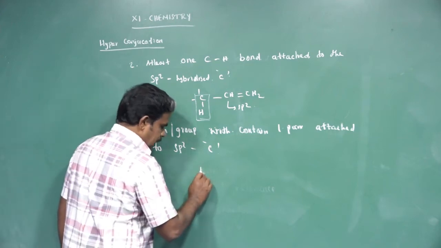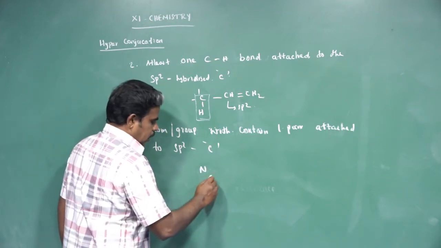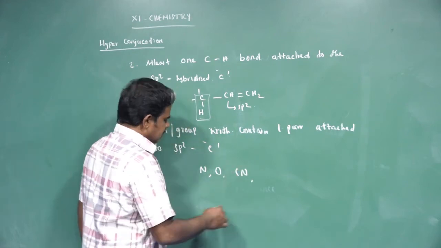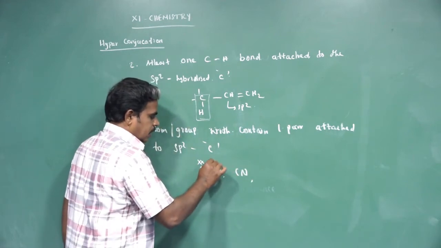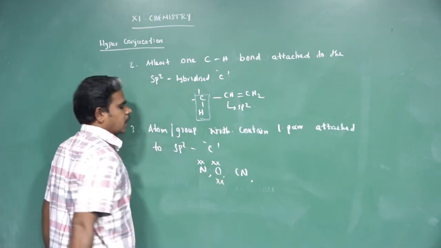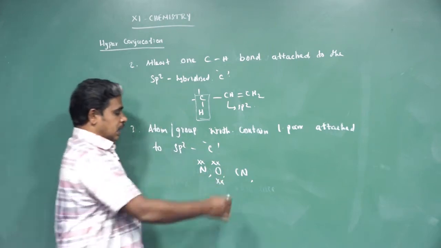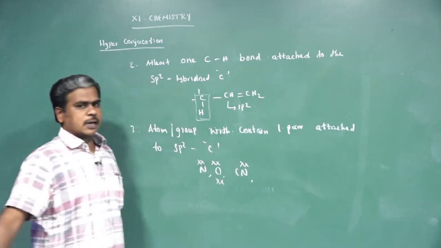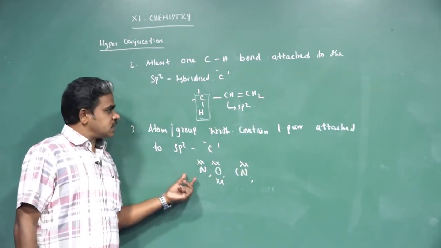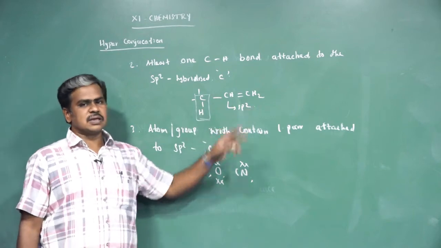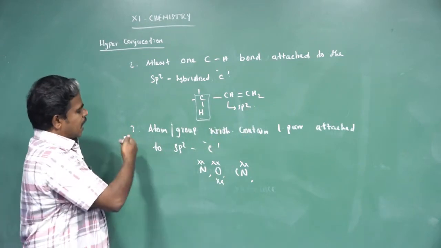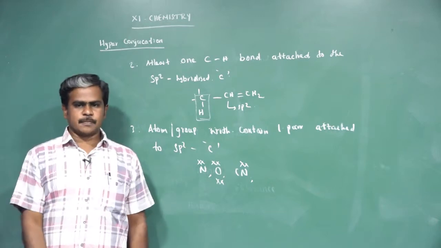Suppose we take nitrogen or oxygen or the cyanide group. These all contain lone pairs. Nitrogen has 1 lone pair and oxygen has 2 lone pairs, and in the case of cyanide, the nitrogen has 1 lone pair. When these groups are directly attached to this sp2 carbon, then hyperconjugation occurs.